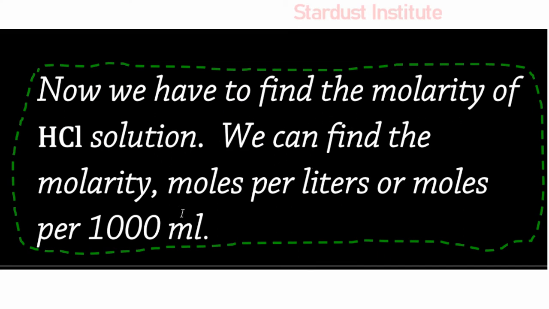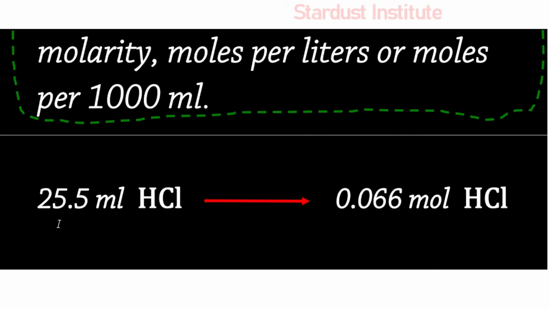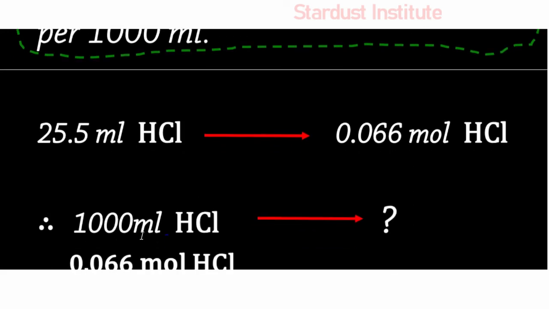We can find the molarity, moles per liter or moles per 1000 milliliters. In 25.5 milliliters of this HCl solution, there are 0.066 moles of HCl. Therefore, in 1000 milliliters of this HCl solution, how many moles of HCl are there? It is molarity.